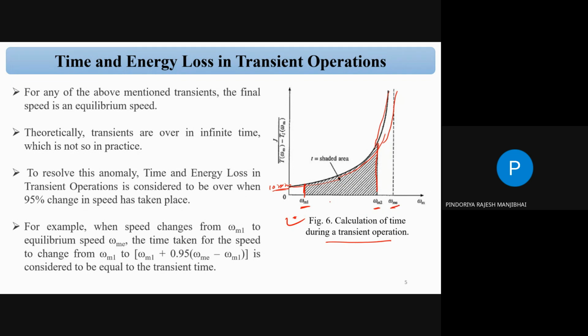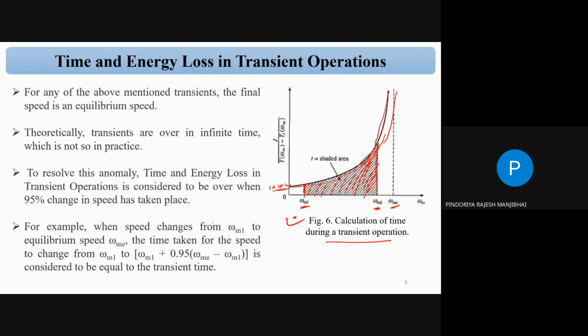On the x-axis is the speed response, and on the y-axis is your moment of inertia plus load torque. The energy losses are from omega m1 to omega m2, so we have to calculate the energy losses in this time period.